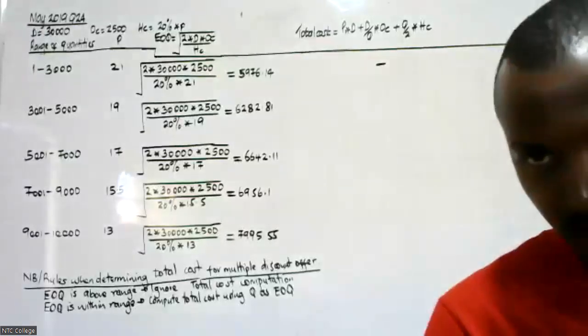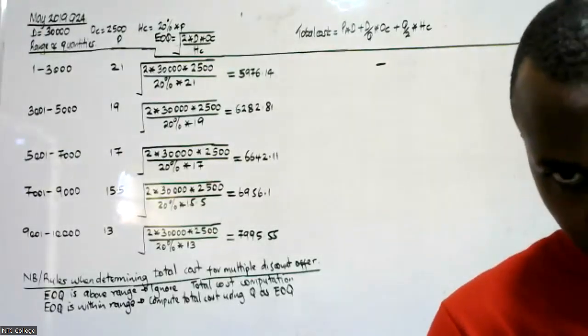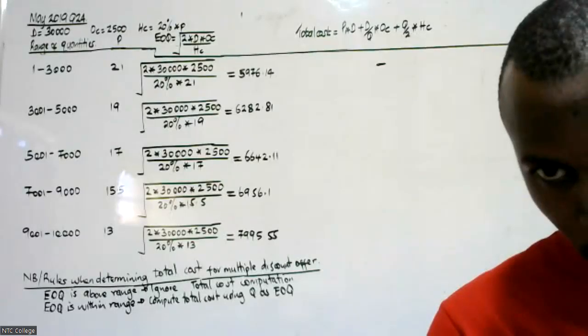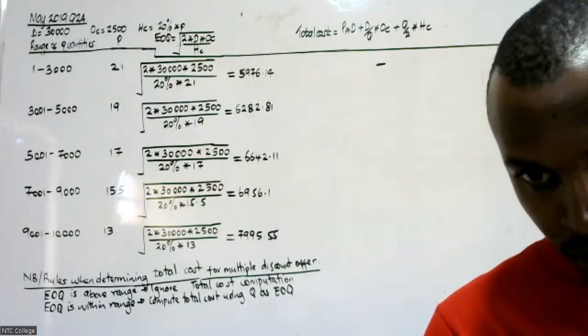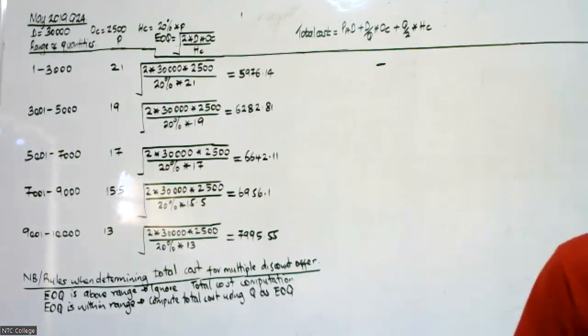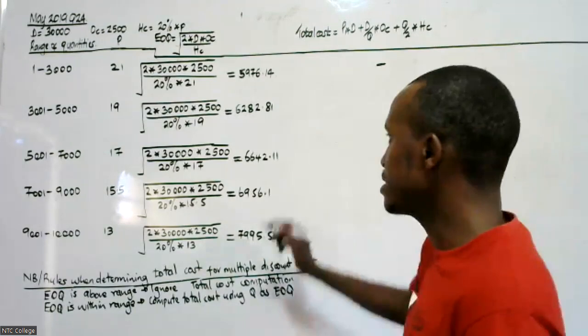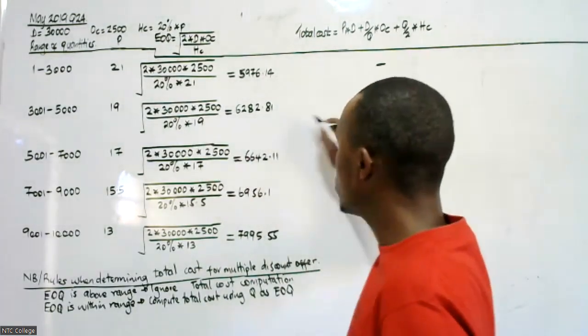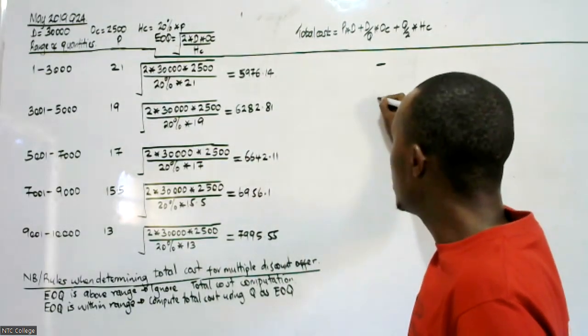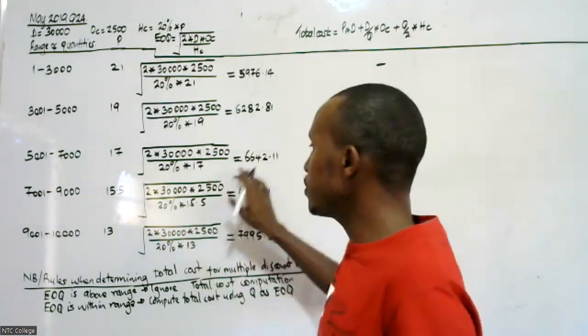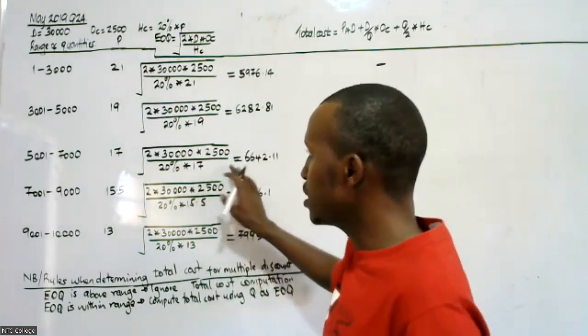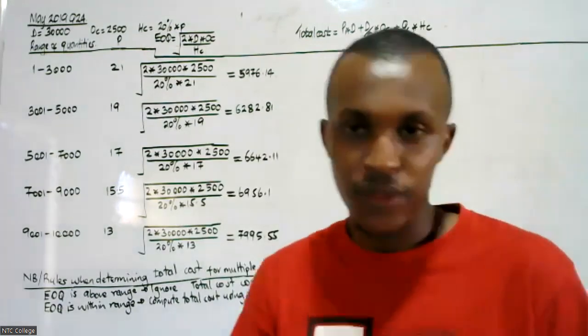If the EOQ computed is within the range, like in our second instance here, this you're also ignoring because it is above. But now the third instance, it is within the range.